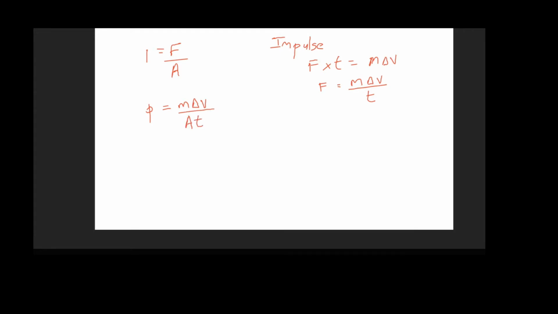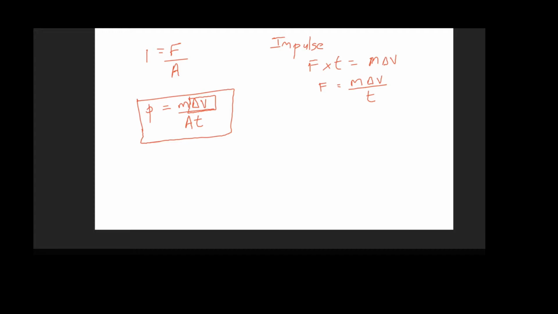So we see that the pressure of any moving object is dependent on this part. So once you have a change in velocity, then you're going to have a pressure.